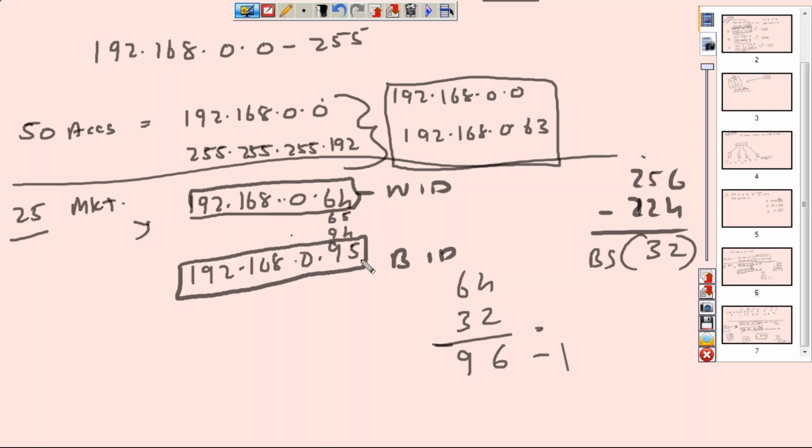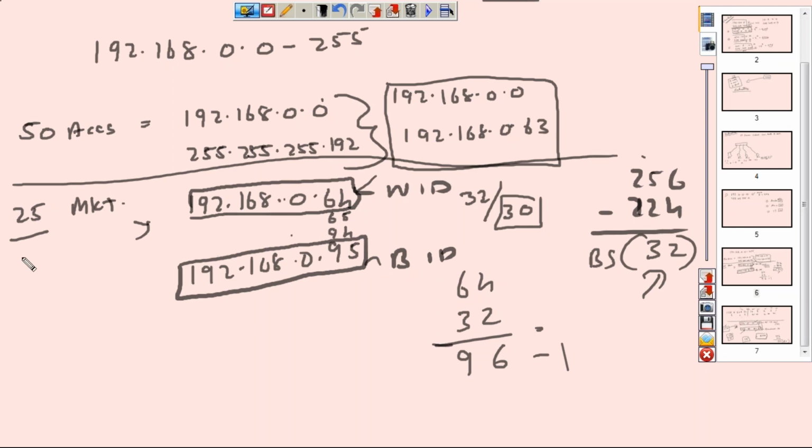That's the last IP. So out of a total of 32, you can use 30. Our block size was 32, we added 32, so our network 64 to 95 is actually 32. But since I'm losing the first IP and the last IP, my usable IPs would be 30. I can support 30 machines.